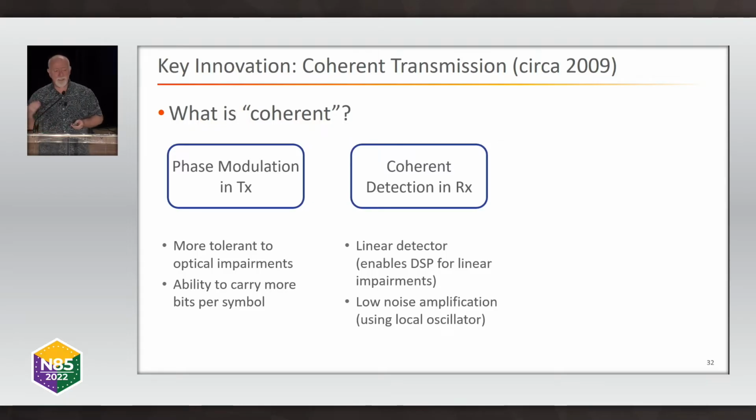You have a coherent detector as well in the receiver. It's now a linear detector. So that's really good because we can now apply powerful digital signal processing to compensate for linear impairments. And it also includes a laser in the receiver. It's called the local oscillator laser, and that acts as a very low noise amplifier in the receiver.